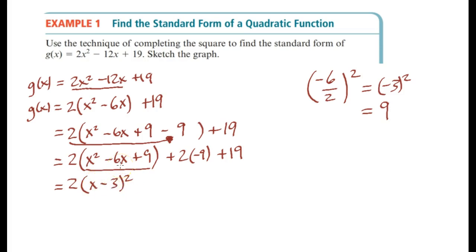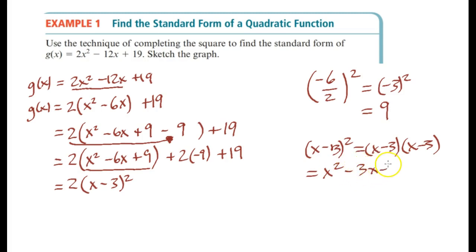Just to check your work, we'll do that really quick. x minus 3 squared is equal to x minus 3 times x minus 3, which equals x squared minus 3x minus 3x plus 9, which is x squared minus 6x plus 9. There we go, we've checked.